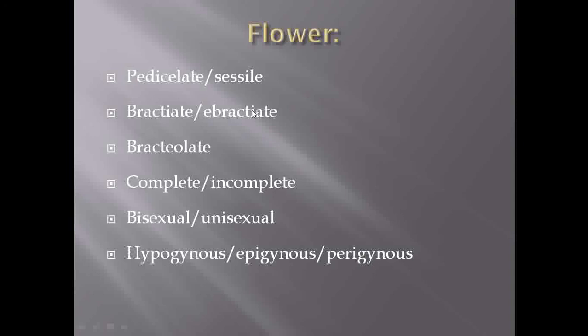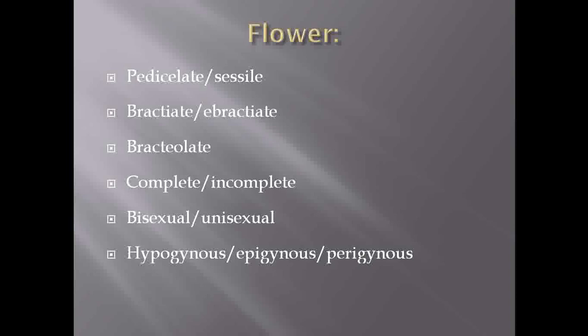If the bracts are absent, it is called ebracteate. Then whether the flower shows presence of bracteoles, and whether the flower is complete. Complete means the flower shows presence of all four whorls, that is calyx, corolla, androecium, gynoecium; then it is called a complete flower. And if any one of the whorls is absent, it is called an incomplete flower.